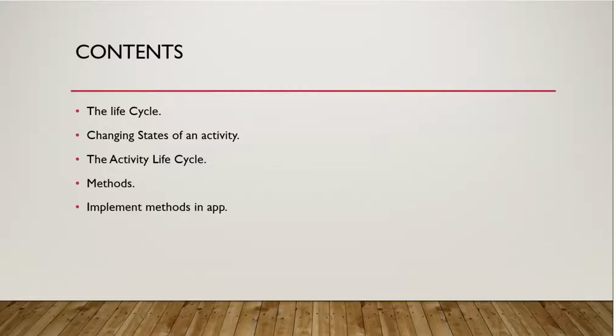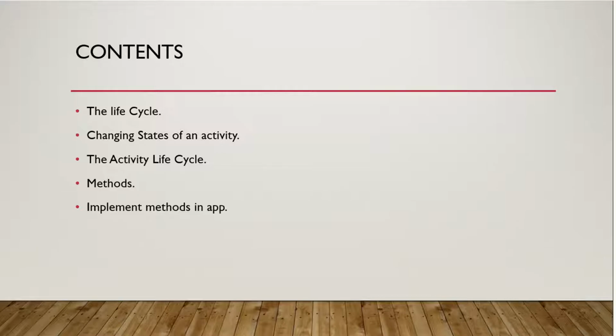After that, we will go through all the methods which are used during the activity life cycle. At the very end, we will develop an application using all those methods which we will discuss in the methods section. So let's start with the activity life cycle.